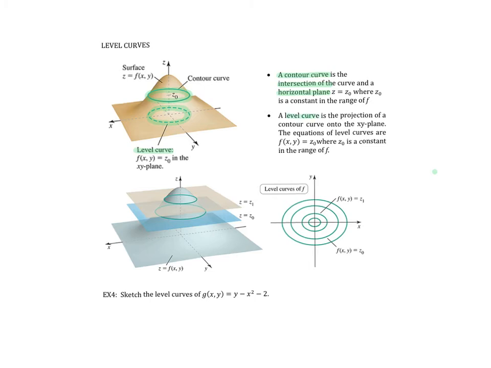So a level curve is simply a projection of a contour curve onto the XY plane. So the equations of these level curves are simply our z value equal to some number. Okay? So the z naught is a constant in the range of f.